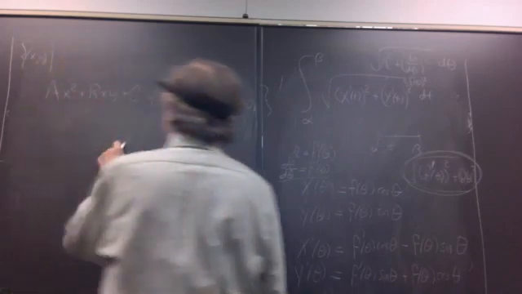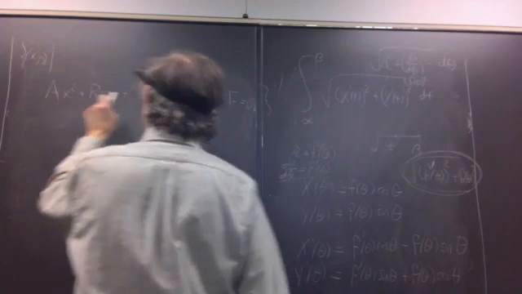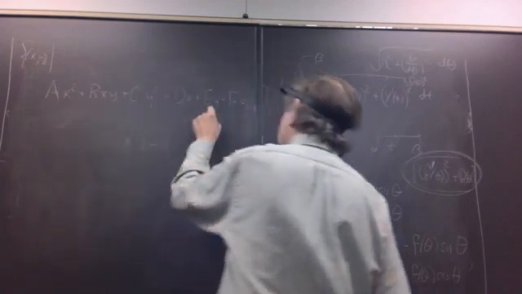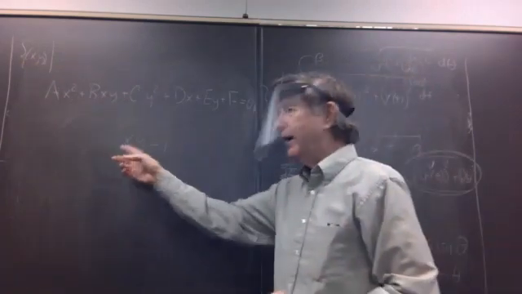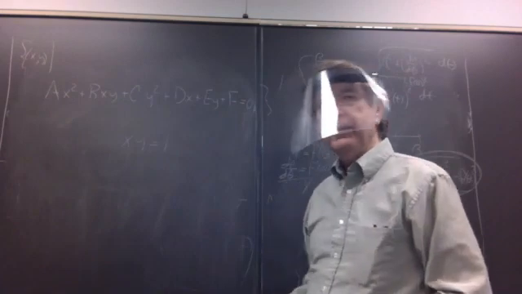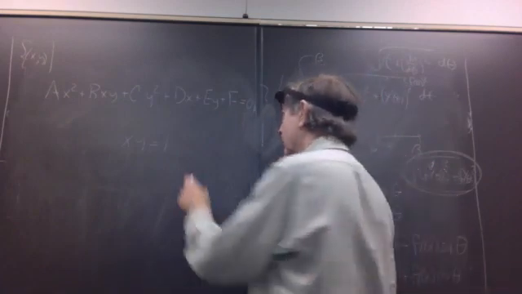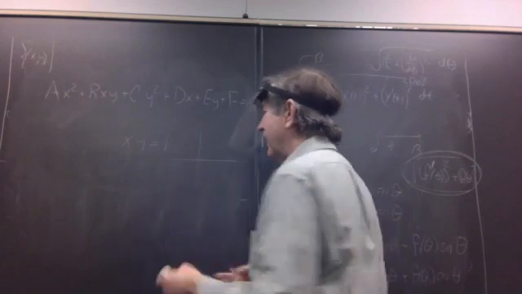Now, let me give you another one that's very simple. Suppose that A is 0, C is 0, D is 0, E is 0, and F is minus 1. And B is 1. Then I get XY is 1. What's this graph look like? I don't know. But if X is not 0, can X be 0?